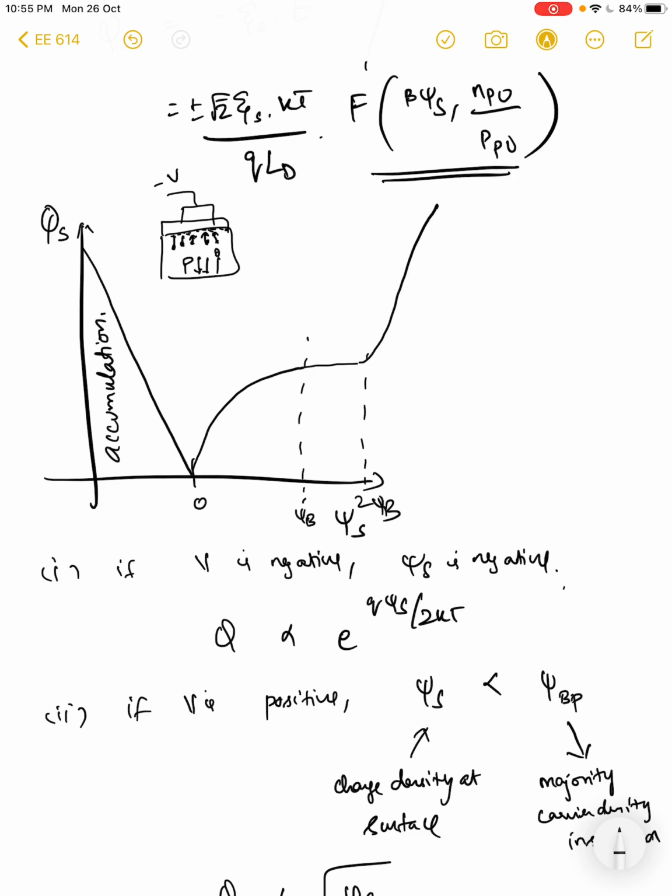Before we go further, let us take a look at the band diagram. This is a p-type semiconductor. I have a Fermi level of the metal here, and all of them are bent like this.